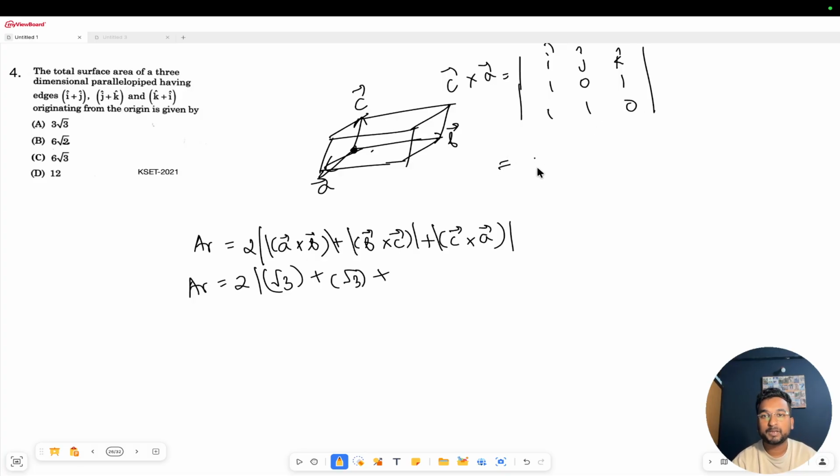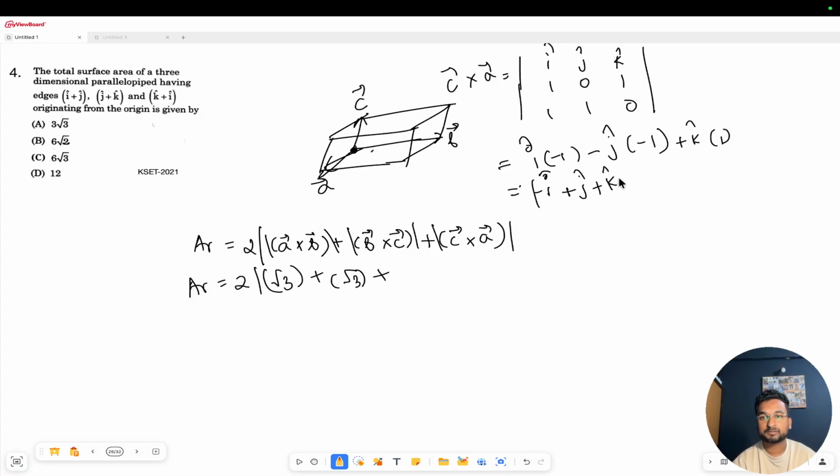So the value will be iota into 0 minus 1, minus j cap into 0 minus 1, plus k cap into 1 minus 0. So this is minus I cap plus j cap plus k cap.